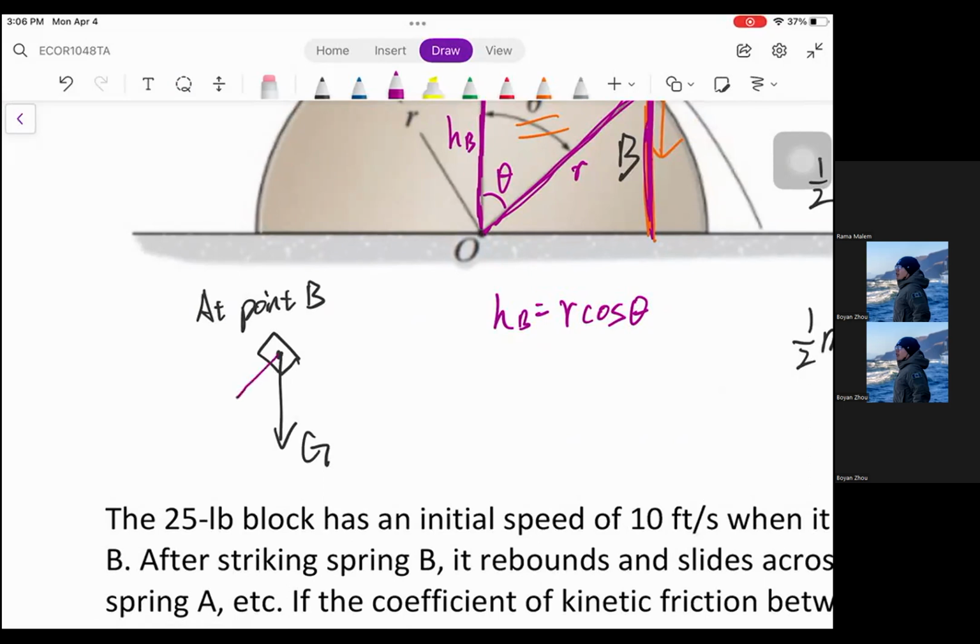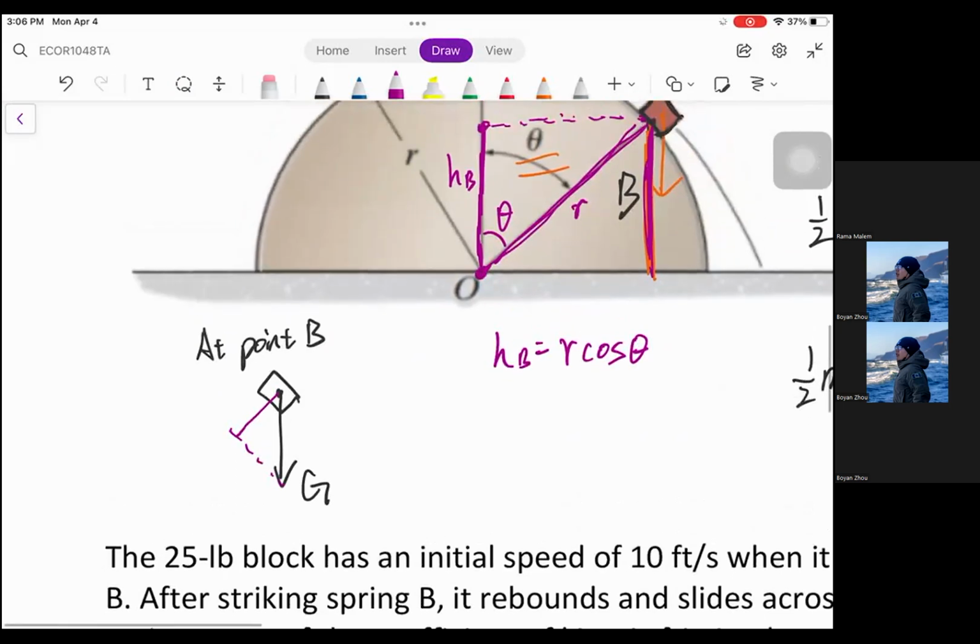So the horizontal component, I mean the component that is normal to the center of the cylinder. And we have the theta angle over here and the other component, that is actually the speed it is flying out.